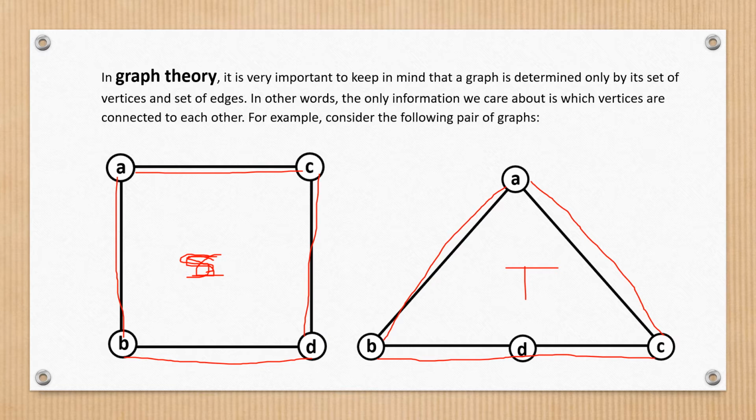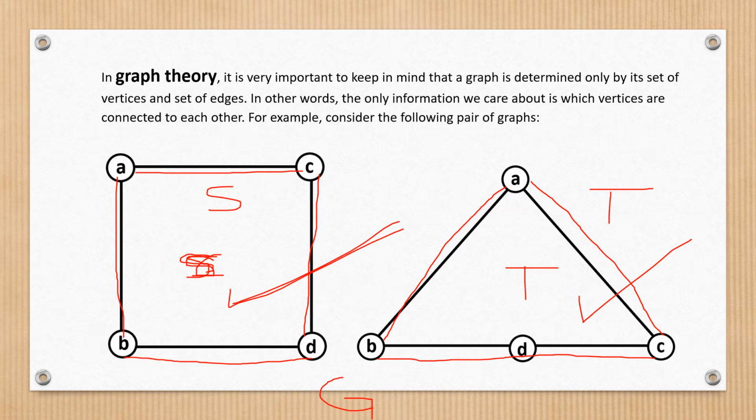Just like in our example, although in geometry we identify them as different, because this is a square and this is a triangle, in graph theory both are considered the same graph. So let's say we name this graph as graph G. This one is just the same as this. If this is graph G, then this is also graph G.